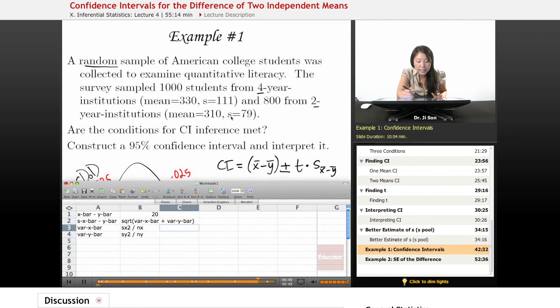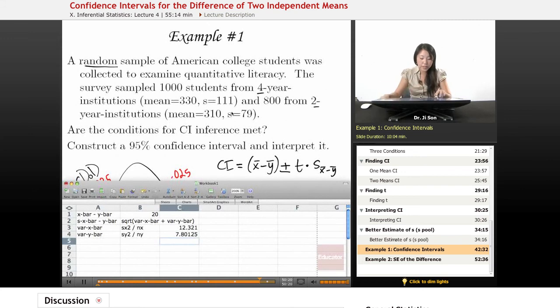And finally I could do that. This is s sub x, this is s sub y, right? So I could put in 111 squared, right, divided by n sub x, which is 1,000. And I could put in the standard deviation of y squared divided by 800. Right?